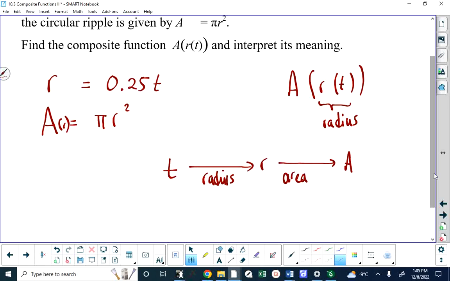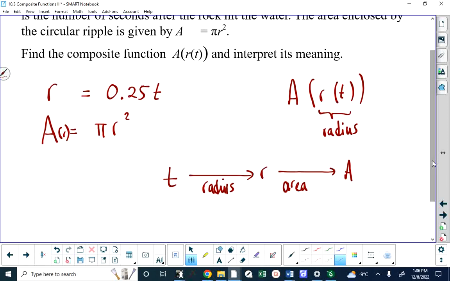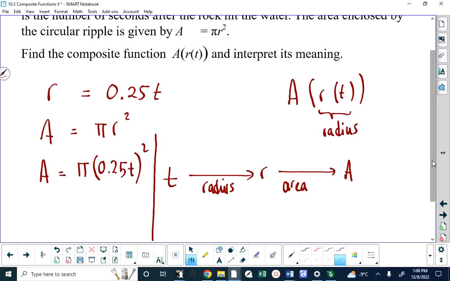All it boils down to is an algebraic substitution. If area is pi r squared, I want to get rid of this r again. If area is pi r squared and the radius is 0.25 times the time, then that's the area as a function of the radius as a function of the time. And we can simplify this. 0.25 squared is 1/16, I believe. 0.25 is a quarter.